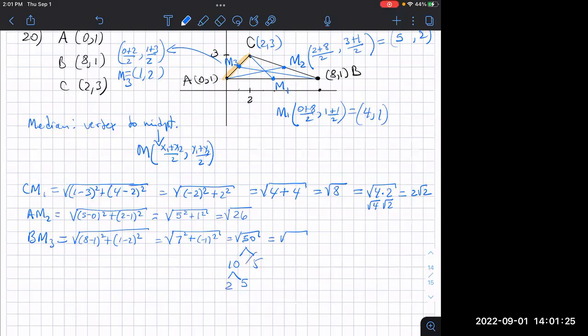So whenever you have two prime factors that are the same, that gives you a perfect square. So it's 2 times 5 times 5, or 2 times 25. So 25 is a perfect square.